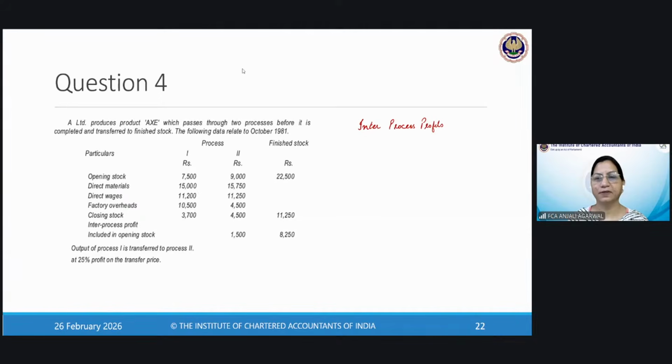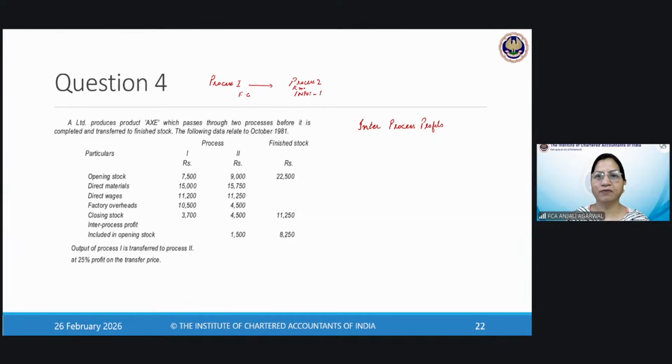Right. Thank you, Gayatri. So what happens in inter-process profits is, so far you have seen that process one manufactures something, and the finished goods of process one become input, or the raw material, for process two.